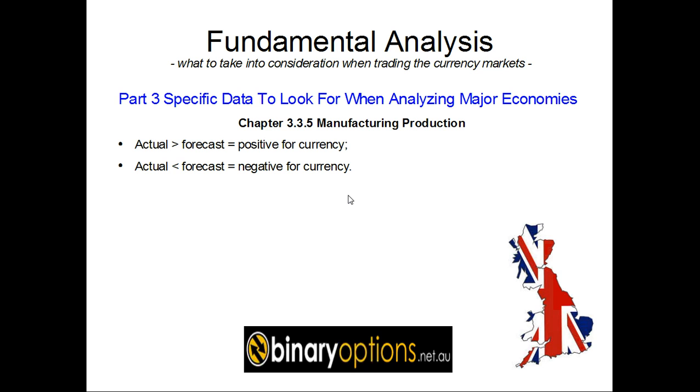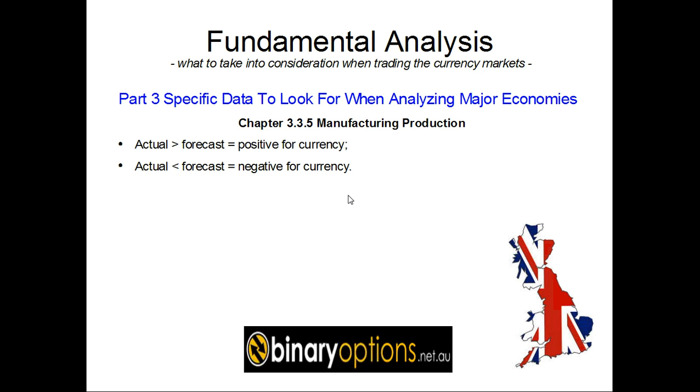If the actual comes in bigger than the forecast, then this is positive for currency. If the actual comes in lower than the forecast, this should be negative for currency. Because manufacturing production is almost 80% of the whole industrial production, one will have a glimpse into the final industrial production release.